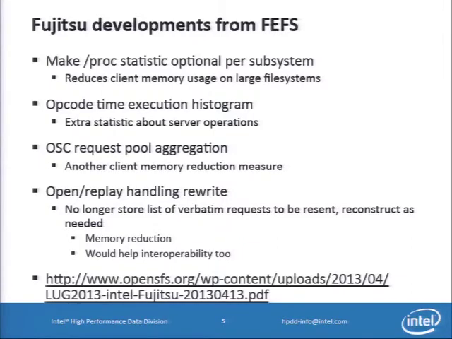This work will just store a list of open handles, which we already do anyway in the kernel. And if a need arises to replay any of that, a special code will just reconstruct the requests as they were in the protocol version that the server can actually understand.